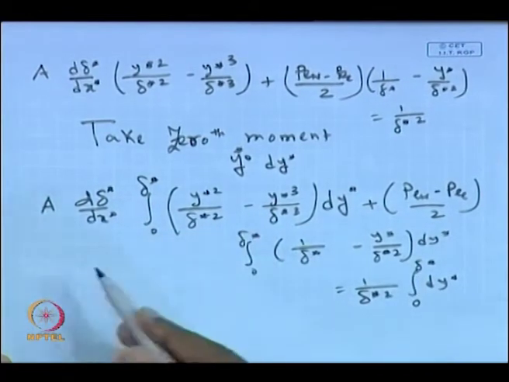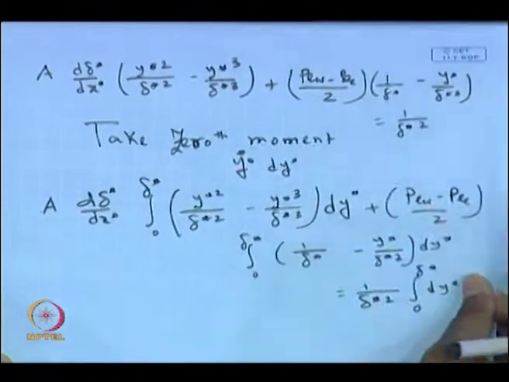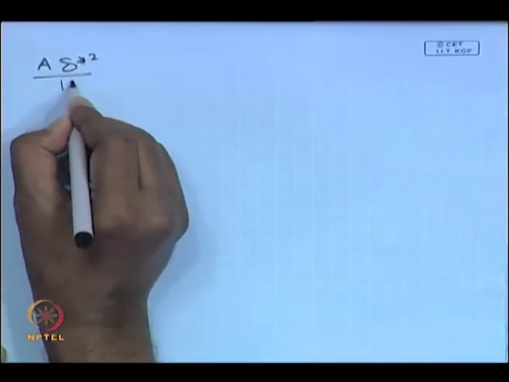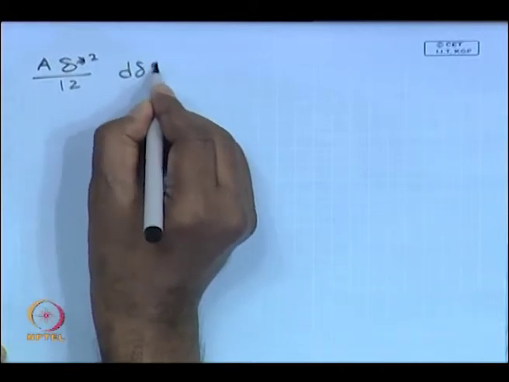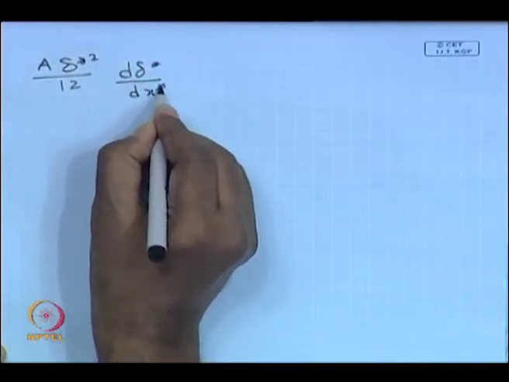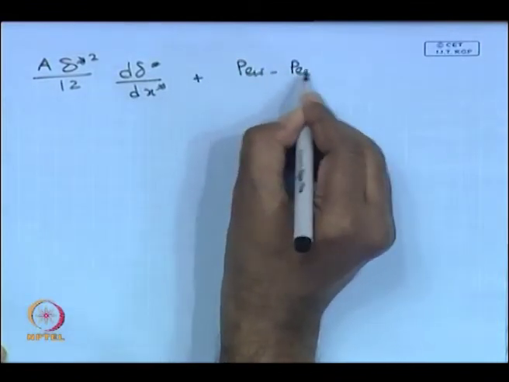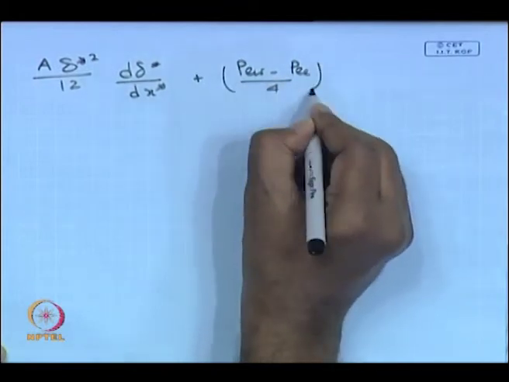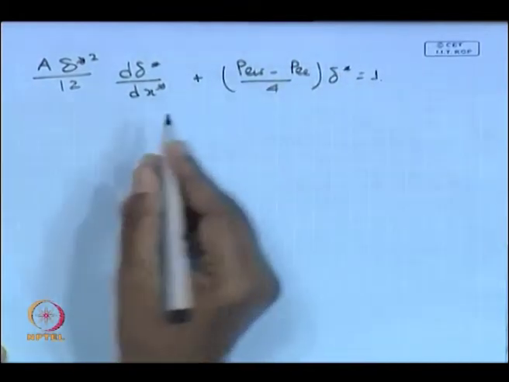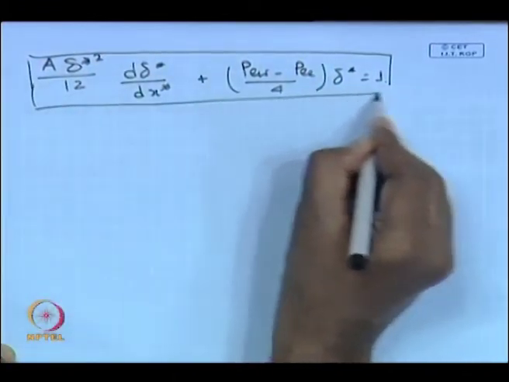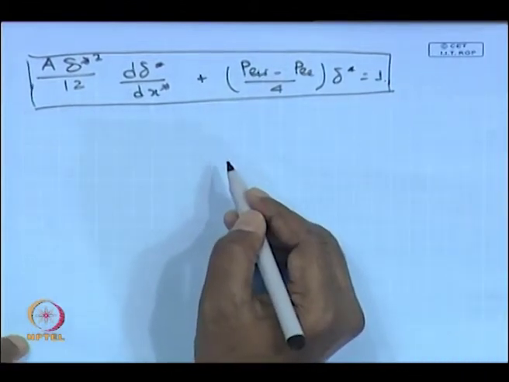You can simplify this and finally you will get the neat form of the integration as delta star square by 12 d delta star dx star plus Pw minus Pee divided by 4 times delta star is equal to 1. This is the form you get after y averaging the equation of solute mass balance equation.